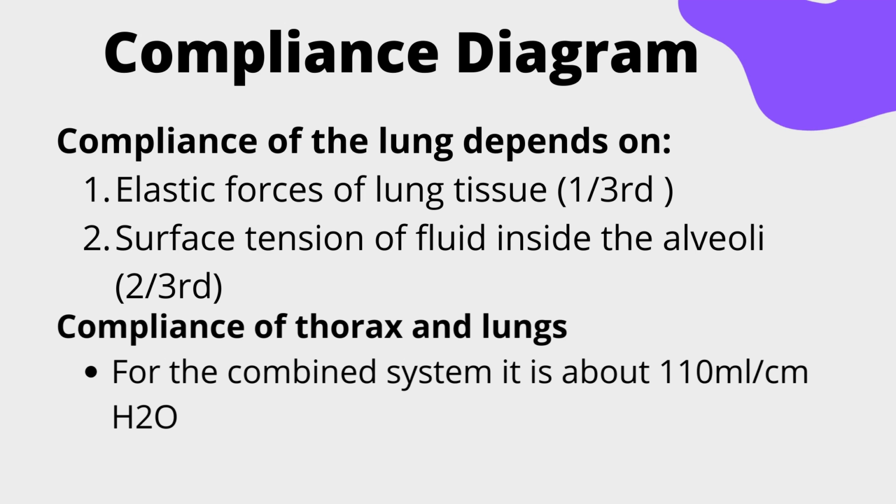That is only about the lungs, but as we know, we also have the thorax or the chest wall, and it has its own viscosity, its own elastic properties, etc. For the combined system, the total compliance is about 110 ml per centimeter of water, almost half of what it was for the lungs alone. So for each unit increase in the transpulmonary pressure, the lungs and the chest wall combined are going to inflate by 110 ml.